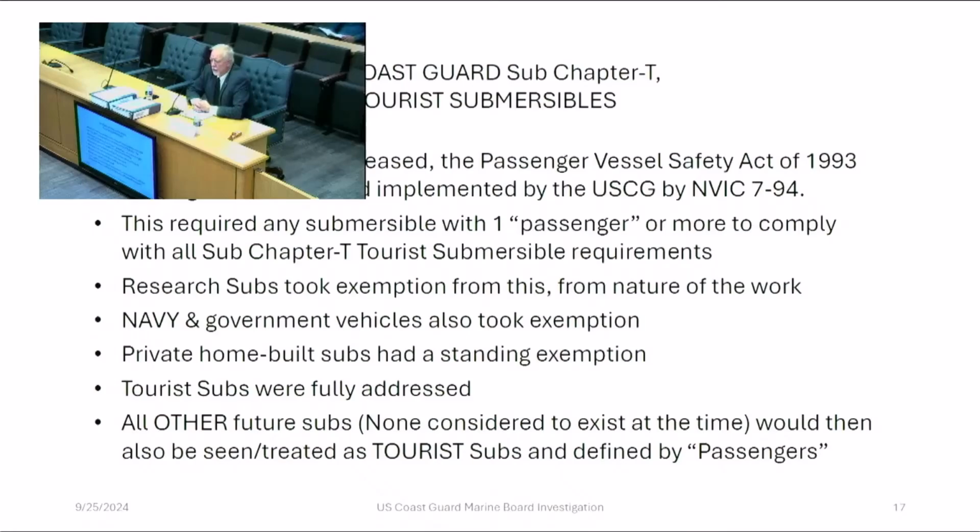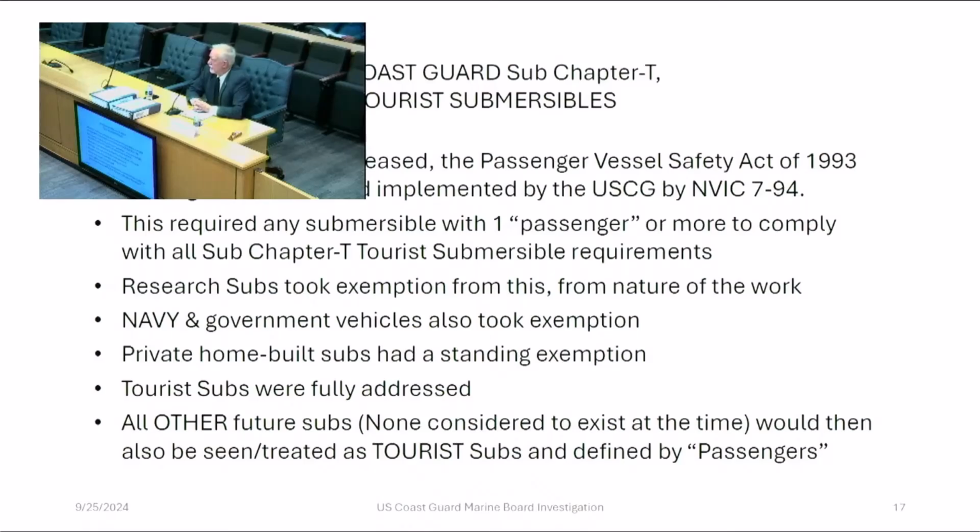So we're coming to the NVIC 593 and the emergence of the tourist submersible. After 593 was released, the Passenger Vessel Safety Act of 1993 was signed into law and implemented by NVIC 794.